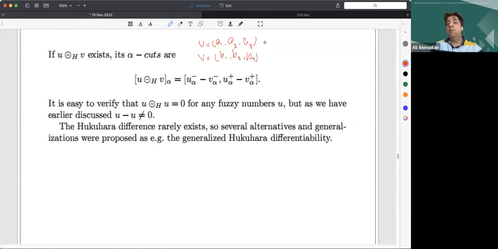I want to make a difference. All of you know that u minus v is equal to A1 minus B3, correct? And then A2 minus B2, and A3 minus B1. This is what we have in classical mathematics.